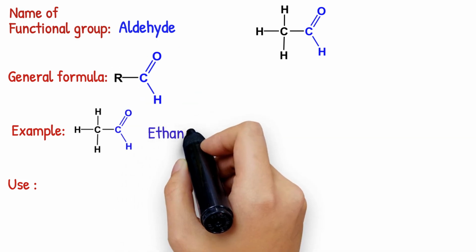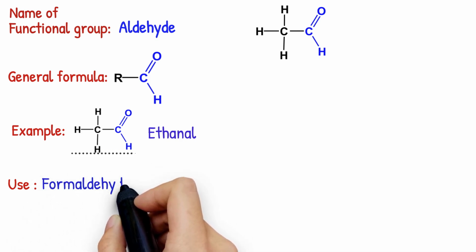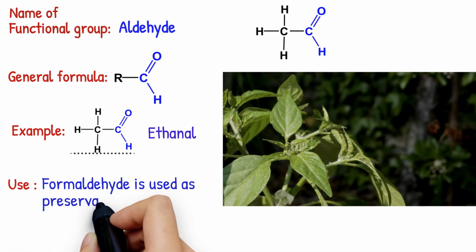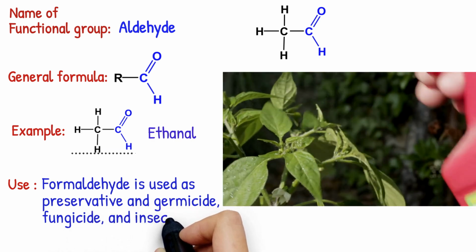Example of aldehyde: ethanol. The chemical formula of ethanol is this one. The uses of aldehydes. Formaldehyde is used as preservative and germicide, fungicide, and insecticide for plants, as you see here.